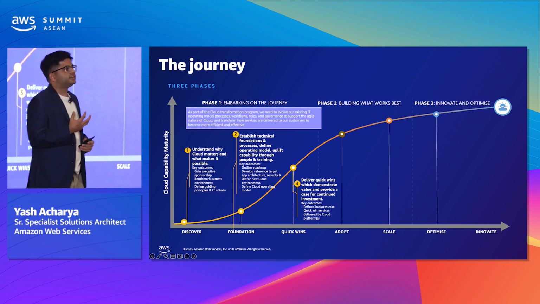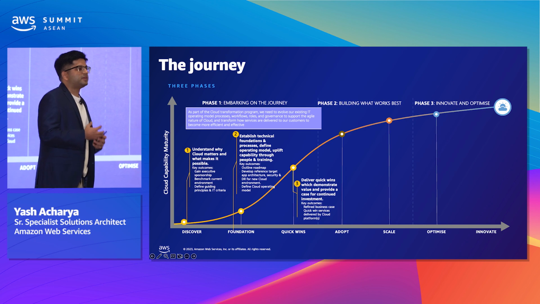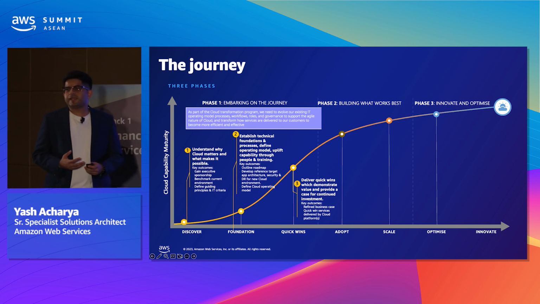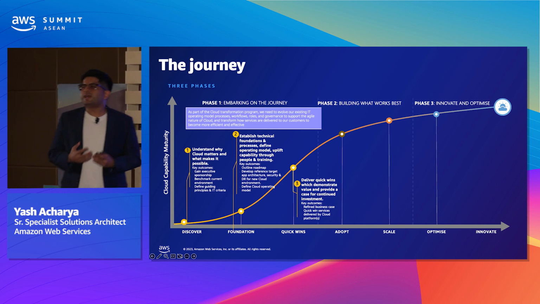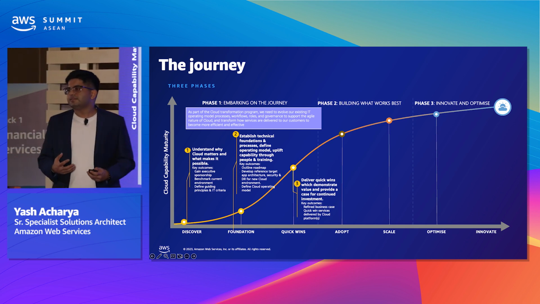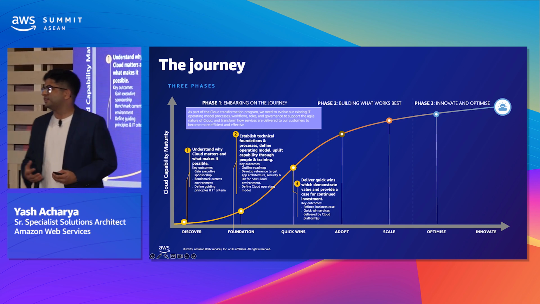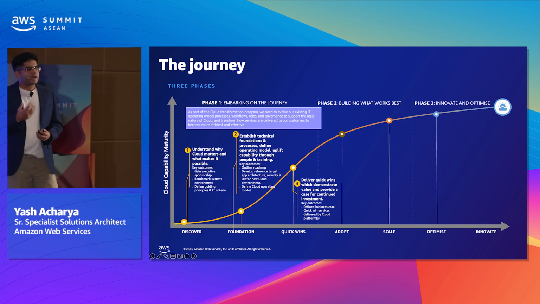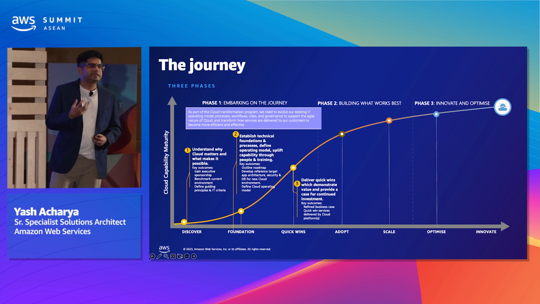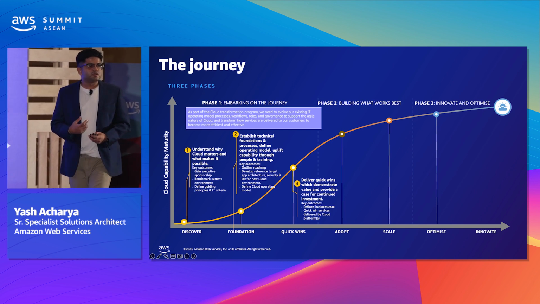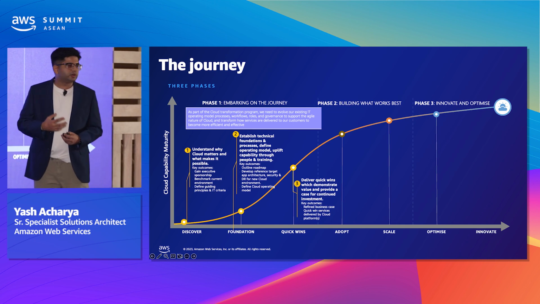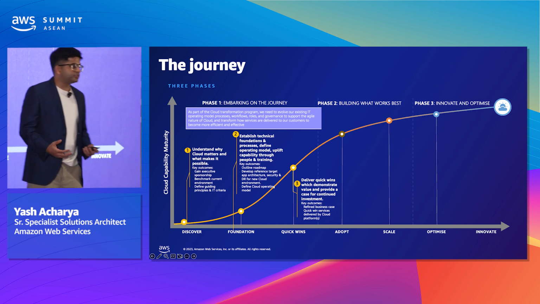Now, typically, when you're going through a migration or planning out a migration journey, there are situations where teams would be like, why are we doing this, right? There's no motivation. They don't see the value coming in from a cloud migration. So having some quick wins decided in the initial phase would be very helpful in terms of getting the overall teams motivated.